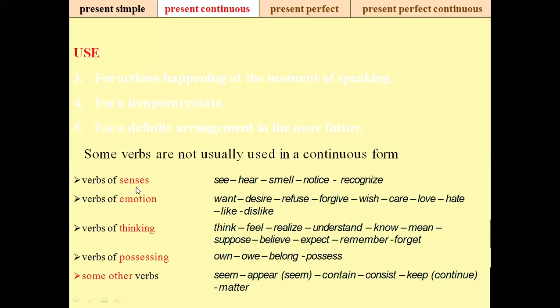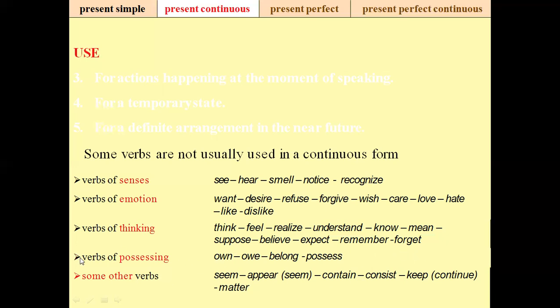These are the verbs of senses: see, hear, smell, notice, recognize. Verbs of emotions: want, desire, refuse, forgive, wish, care, love, hate, like, dislike. Verbs of thinking: think, feel, realize, understand, know, mean, suppose, believe, expect, remember, forget.